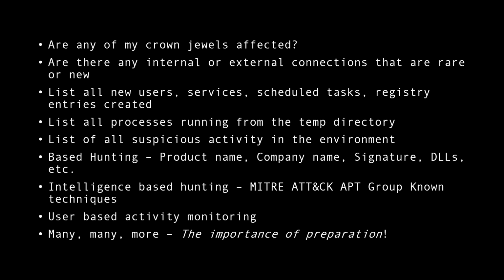Now, like I previously gave you questions on preparing, these are some of the things I feel are important questions to think about. Notes, probably you can keep in the back of your mind. You want to be able to see connections, users, scheduled tasks created during that particular time frame or on that machine or by that user. You want to do hunting based on product name or company name.